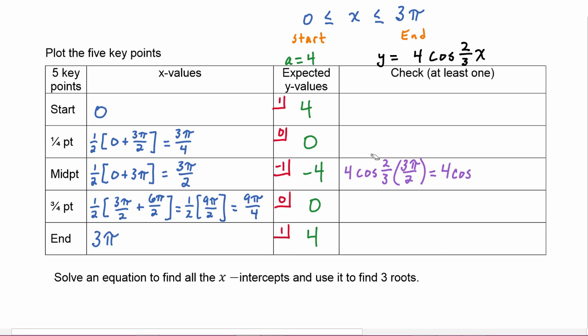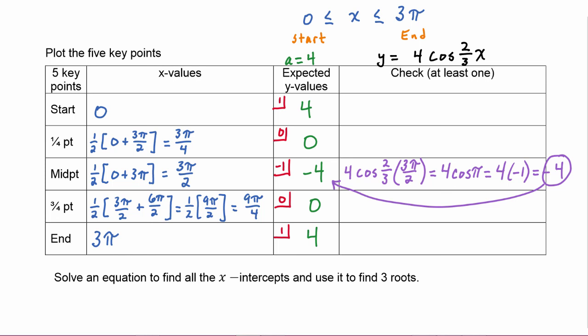Well, let's look at the argument. The 2's are going to cancel, the 3's are going to cancel, and the argument becomes pi. We know that the cosine of pi is negative 1, and 4 times negative 1 is equal to negative 4. So our result checked out with what we expected it to be. So we're feeling pretty confident about making our graph.